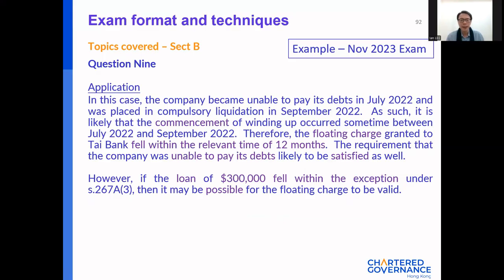So the requirement that the company was unable to pay its debts is likely to be satisfied because it says the company was unable to pay its debts in July. However, if the loan of 300,000 fell within the new money exception, it is possible the floating charge can still be valid. So despite the first paragraph, if it can be shown the 300,000 to the company is a new loan, then it will still be okay, at least from the perspective of section 267.